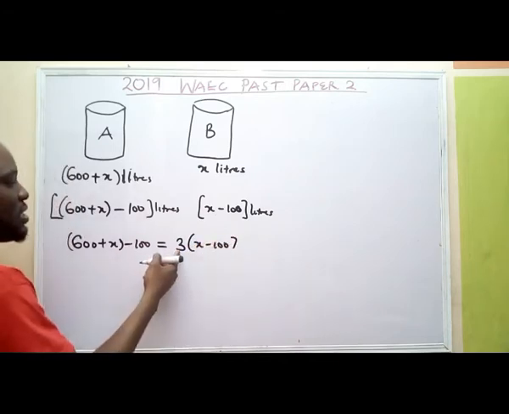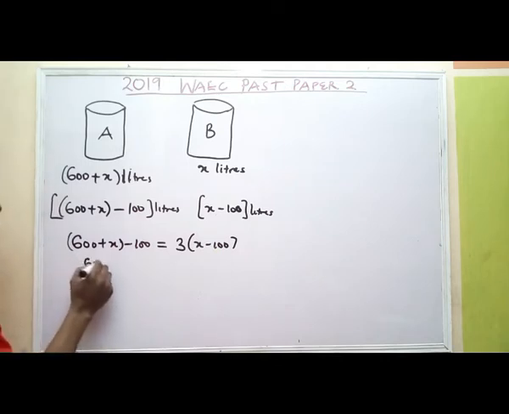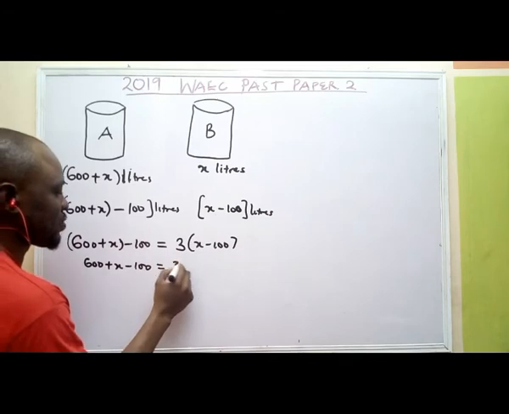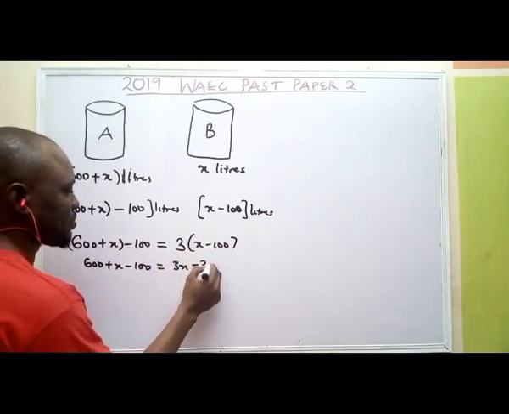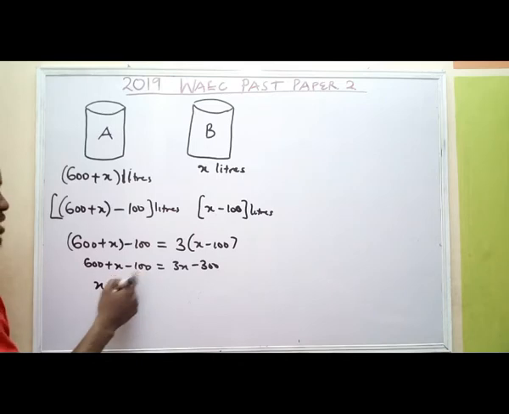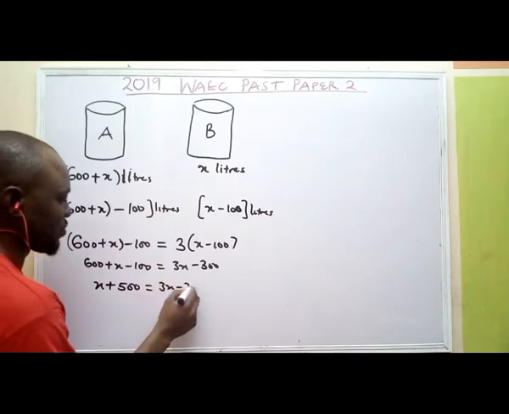So this will be 600 plus X minus 100 equals 3X minus 300. So this is X plus 500 equals 3X minus 300.